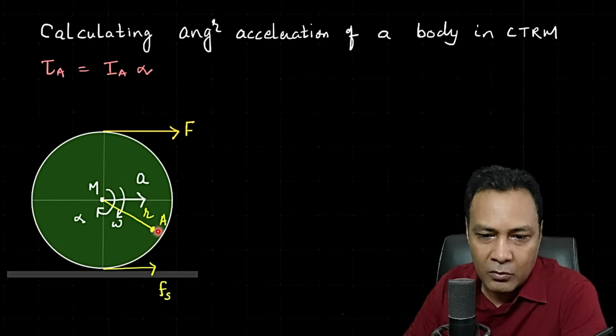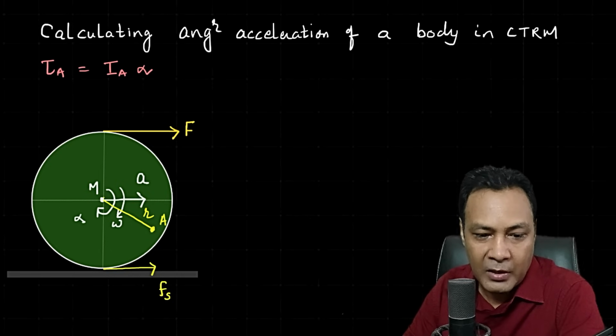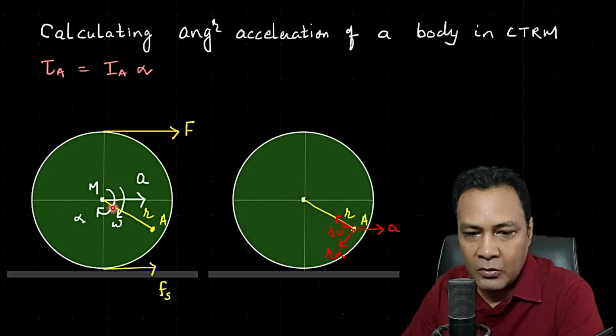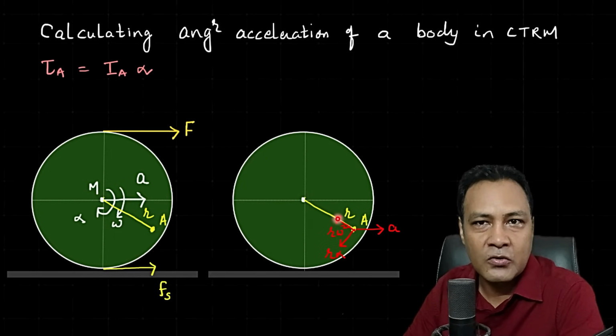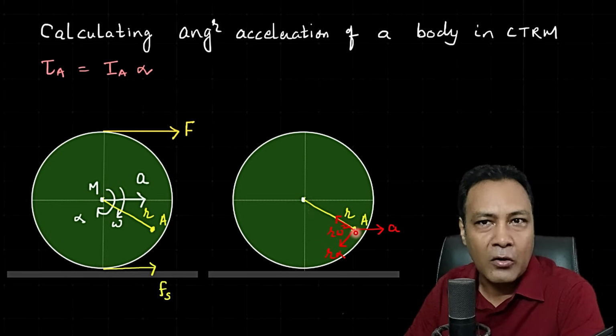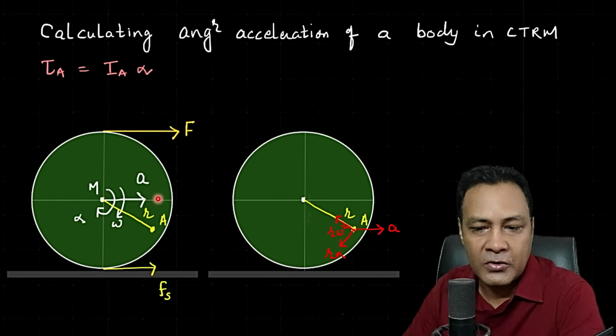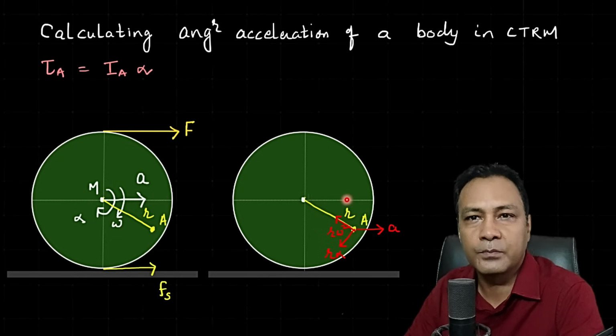Here I_A is the moment of inertia about an axis passing through A and perpendicular to the plane of motion. So first find the acceleration of this point A, like we just discussed. With respect to the center of mass of the body, one acceleration would be centripetal, r omega square, one acceleration would be tangential, r alpha, and in the ground frame we have to add the acceleration of center of mass A. So the net acceleration of this point A would be the vector sum of all these three.